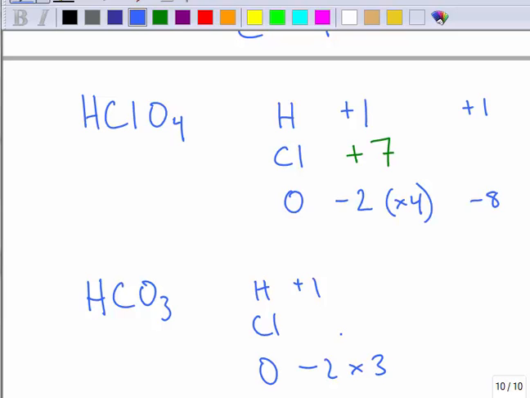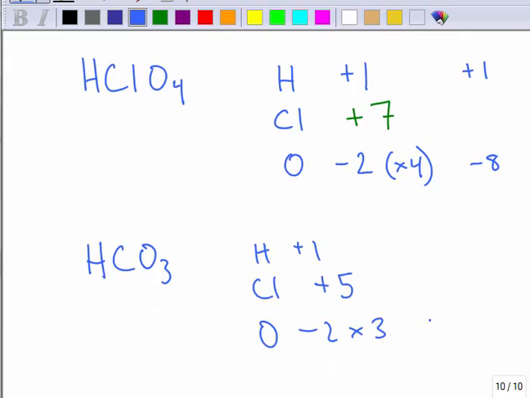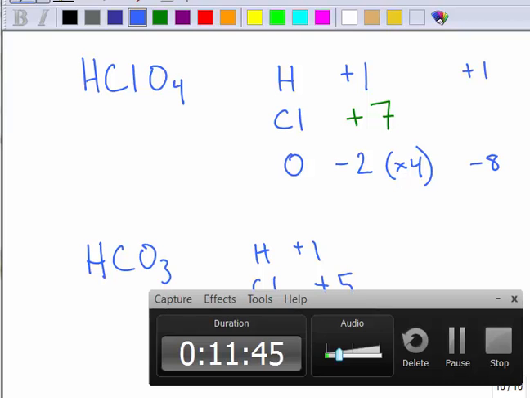And so now our chlorine, rather than being a +7 oxidation state, is in a +5 oxidation state. 5 plus 1 is a total of +6, and we have a total of -6 charge from our oxygens. So we can use these simple rules to determine the oxidation state of most elements in compounds. This is going to allow us to predict in chemical reactions what is being oxidized and what is being reduced.